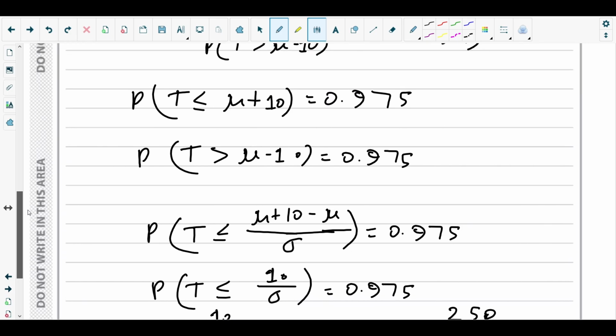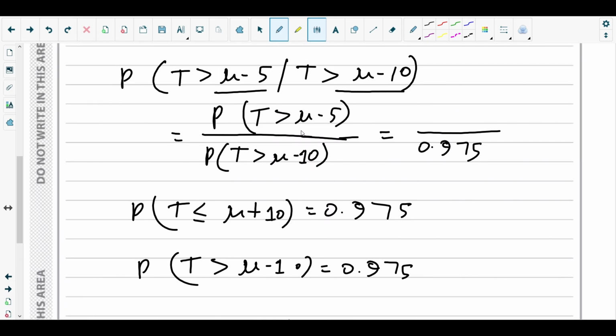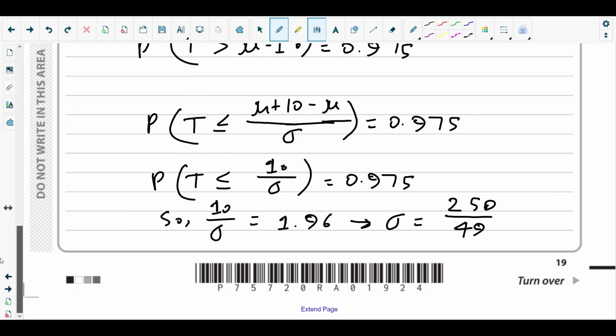So we need to find out the probability of t greater than mu minus 5, right? Let's find it out.